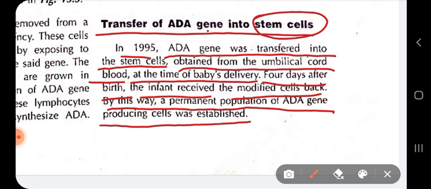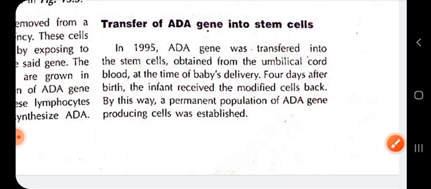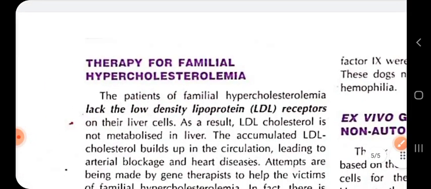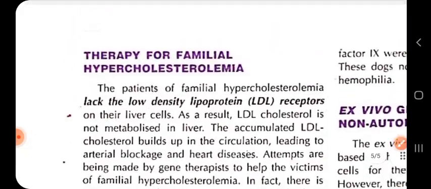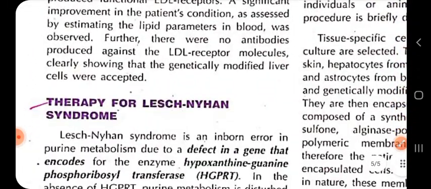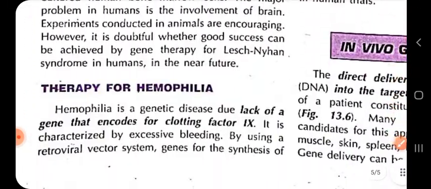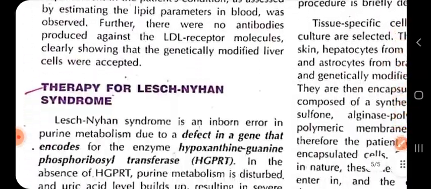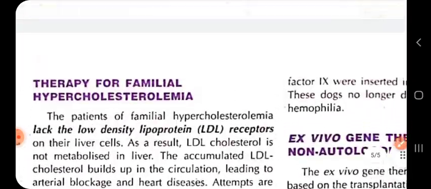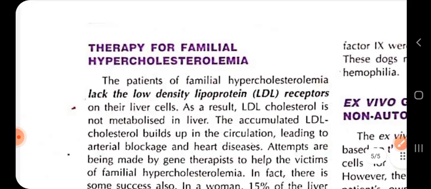Four days after birth, the infant received the modified cells back, and in this way a permanent population of ADA gene producing cells can be established. So in this way, we can treat them. There are also other therapies which can be involved, like this one.